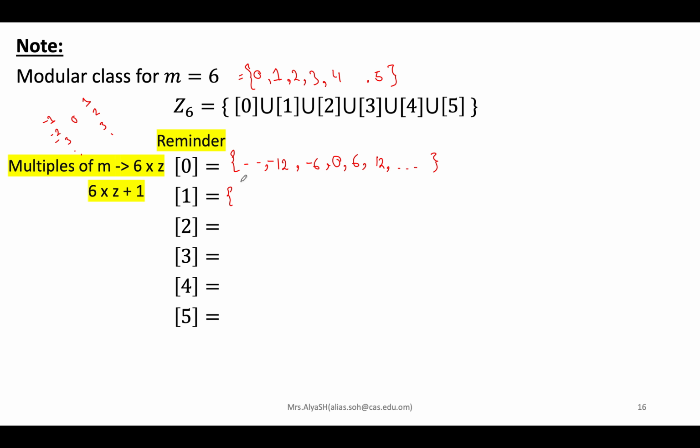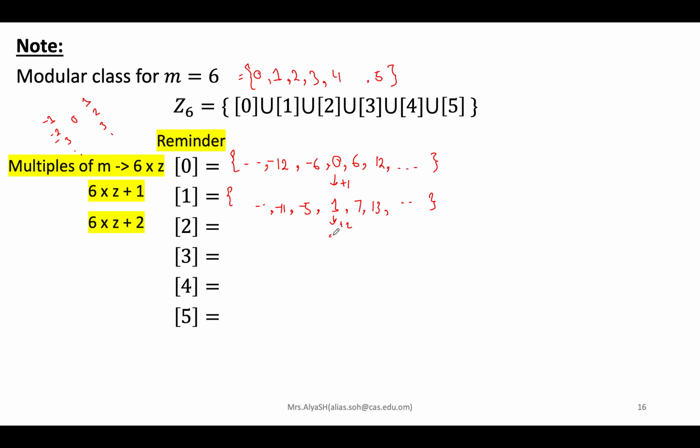Now let's check 1 as a remainder. It is the same as what I have in 0; I just need to add 1. So here we have 1, 7, 13, and here we have -5, -11, and so on. For 2, you just need to add 1 again.